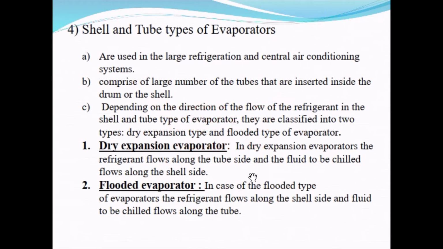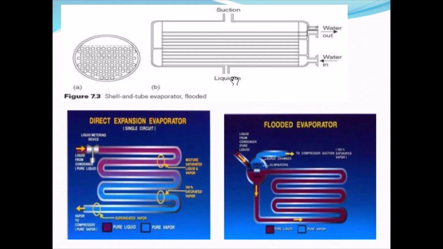The dry one uses the tube side, and the fluid to be chilled flows along the shell side, so the outside of the tube. So this one is the flooded type evaporator, with refrigerant along the shell, the same as the type when we discussed the condenser system, right? This one is the shell type.